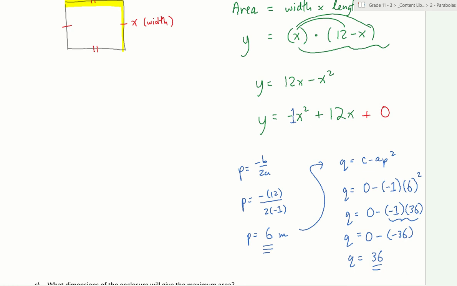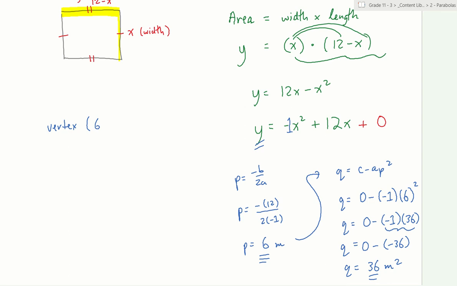Now the Q is the y coordinate of the vertex. y is area, so this is the best area. So up here we'll say the vertex is (6, 36). The meaning it has in this question is that 6 is the best width, x, and 36 is the best area, y, where area is maximized.